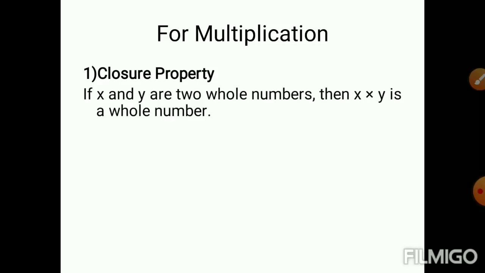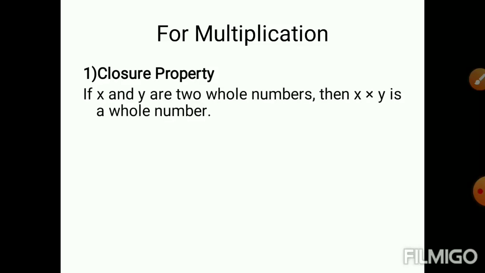So now we will move to the next topic, that is whole number properties for multiplication. We will study the same properties but now for multiplication. My first property is closure property for multiplication.